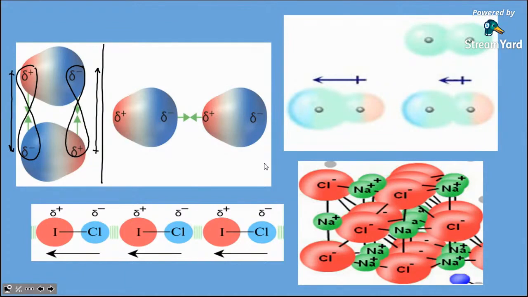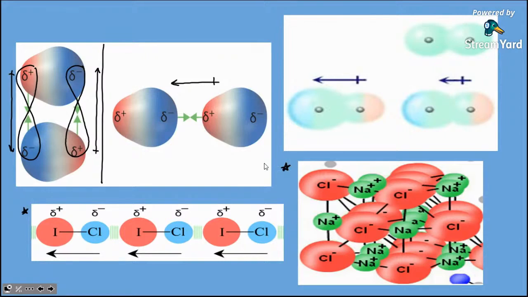You can also get this, as I was showing in that earlier depiction, this type of thing where it's referred to as linear. And that's what, when I just put a star by, is also showing a linear dipole-dipole interaction when we're looking at iodine monochloride, and the way that pulls.